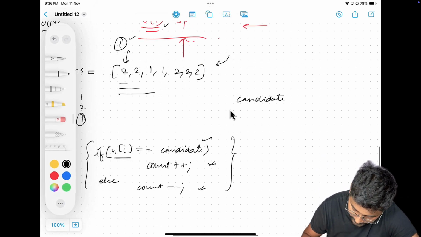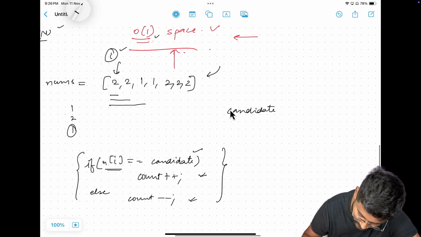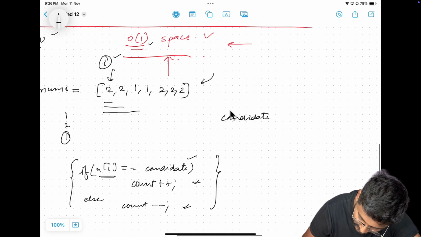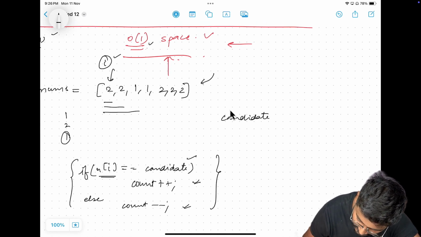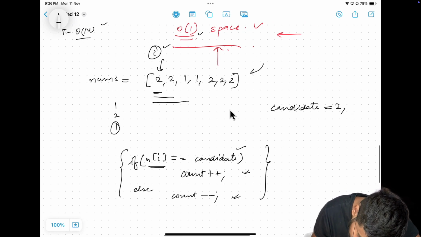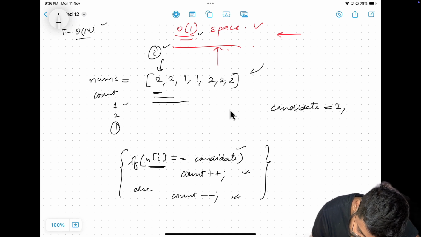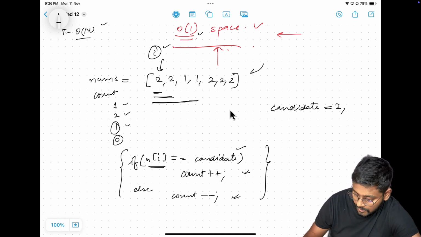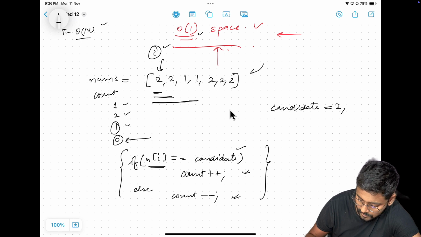Why are we doing so? Let's say we have chosen our candidate as 2. In the first subarray, the count was 1. In this subarray, the count was 2. In this subarray, the count was again 1. And now in this subarray, the count has become 0.